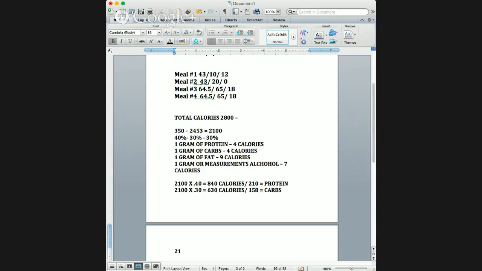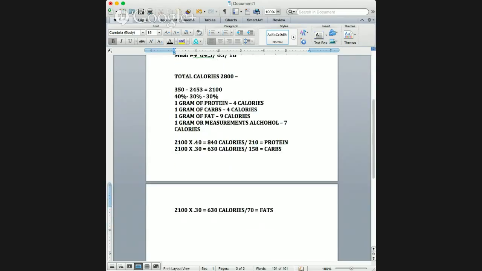And then our final number down here is going to be 30 as well, because this is for our fats. We've got 630. We'll divide that by 9. And this is now going to give us 70 grams of fat per day.